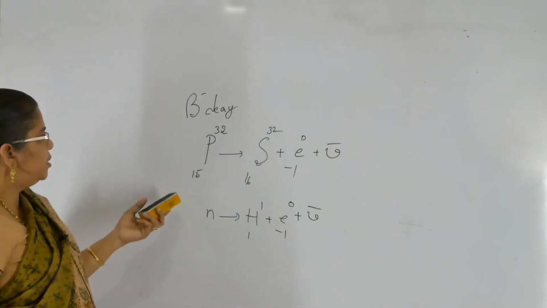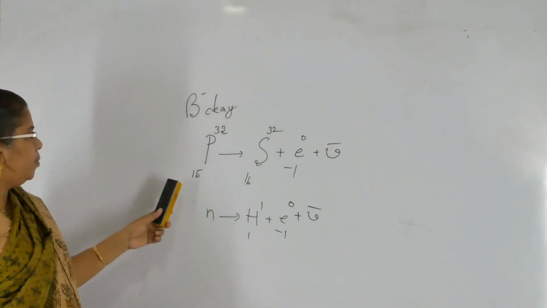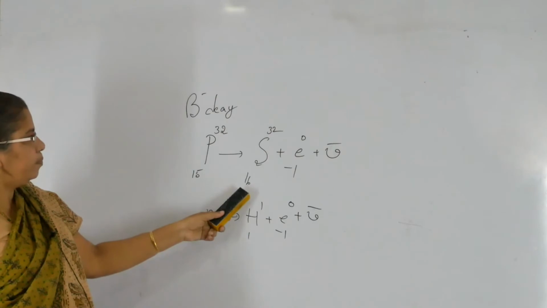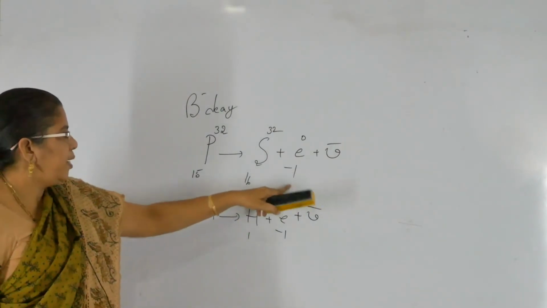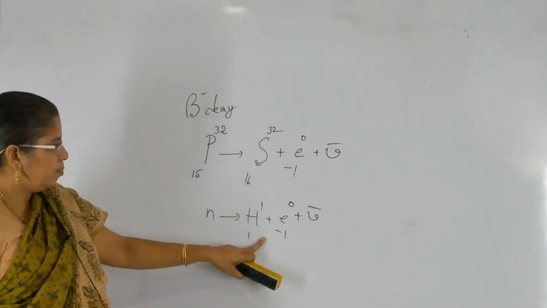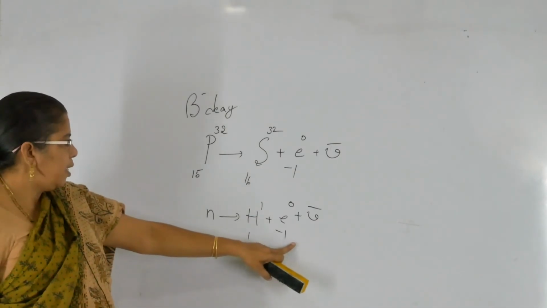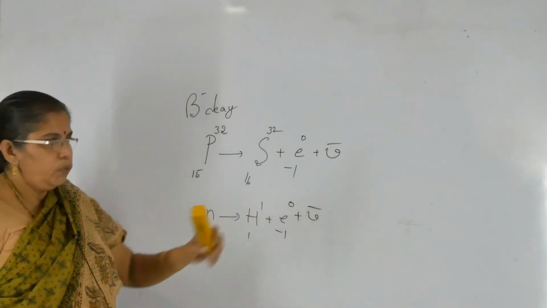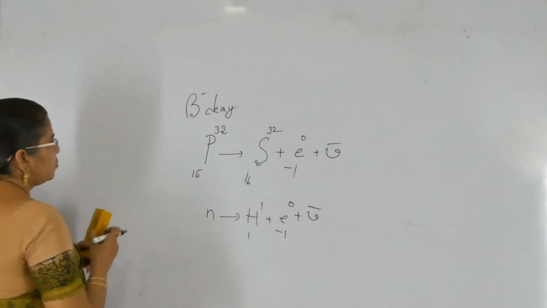So in beta minus decay, the atomic number increases by 1. So 16 minus 1 is 15. The neutron becomes a proton plus an electron plus an antineutrino. Next.